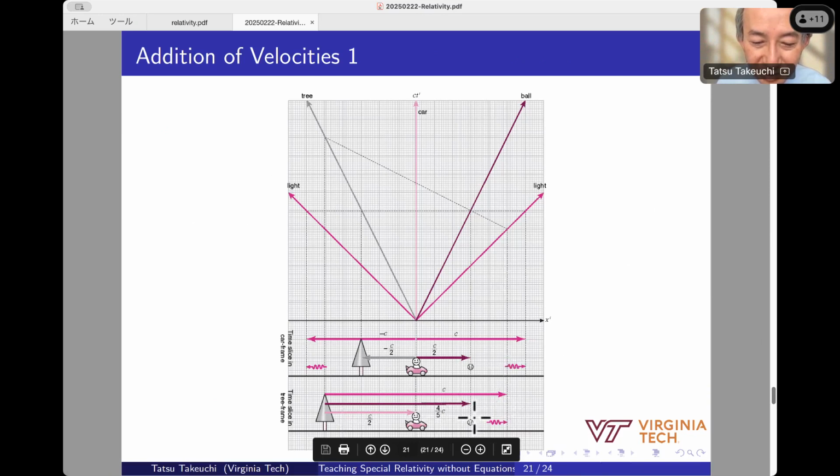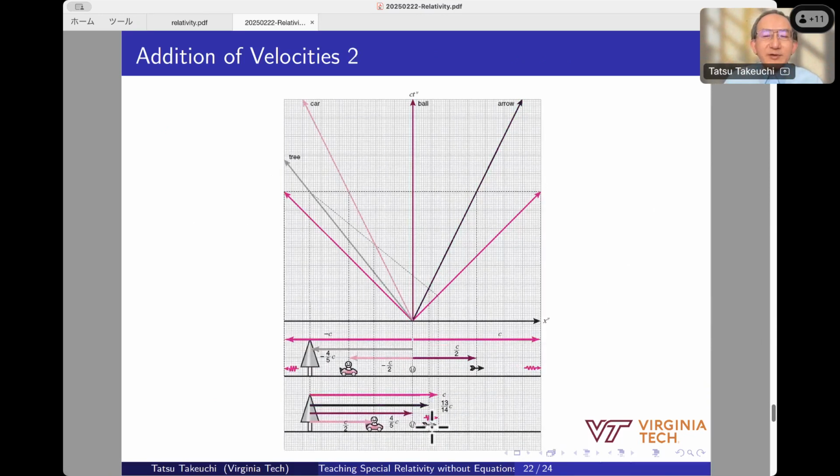Then you look at the separation of the objects, and you can easily see that the distance covered by the baseball is 4/5 of the distance covered by the light pulse. So when you add half the speed of light to half the speed of light, it's going to be 4/5 of the speed of light. And so on and so forth. So please excuse me for skipping a few slides.